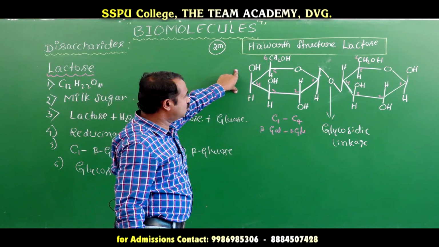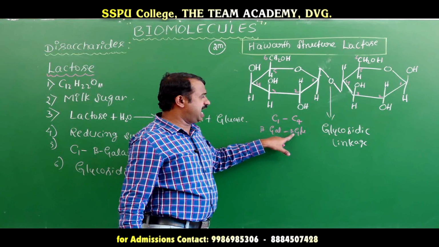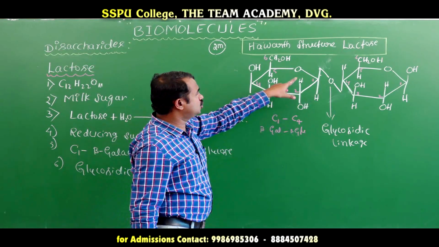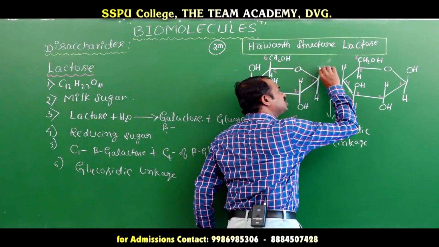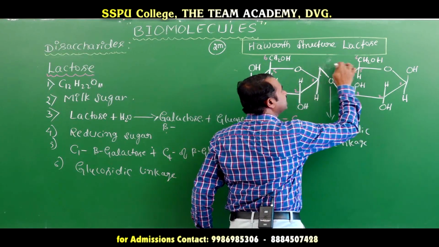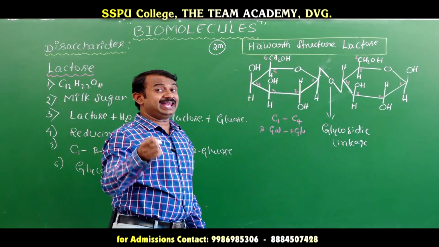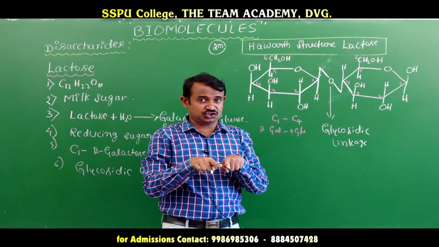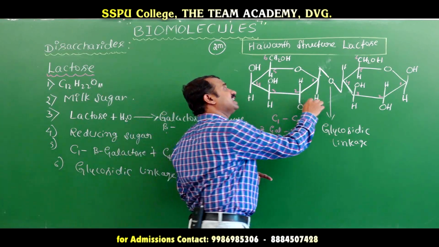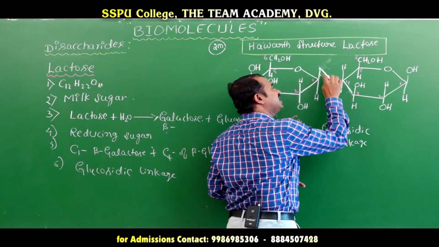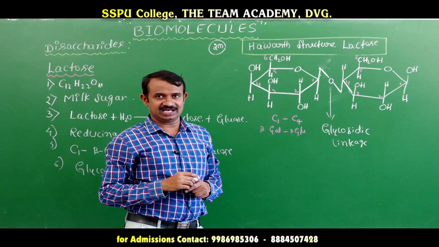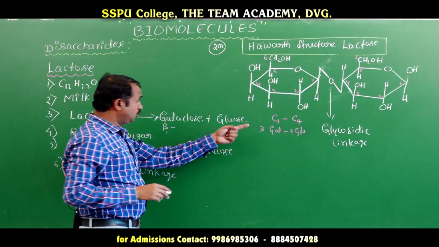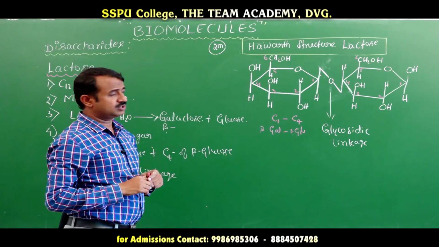This is our structure of lactose. Lactose means beta galactose and beta glucose. The shape here is an N shape. In maltose there is a U shape with an oxide linkage, and here the N shape with an oxide linkage, that is a glycosidic linkage. This is also a reducing sugar.